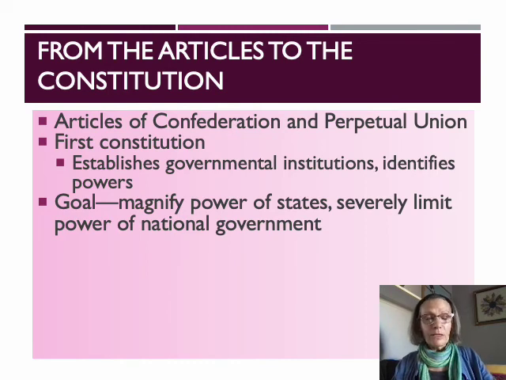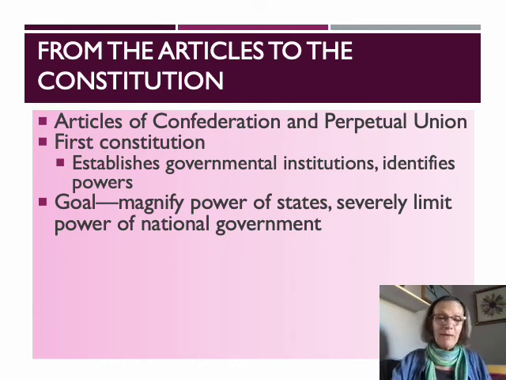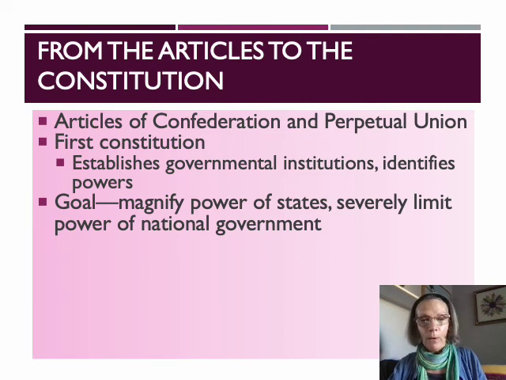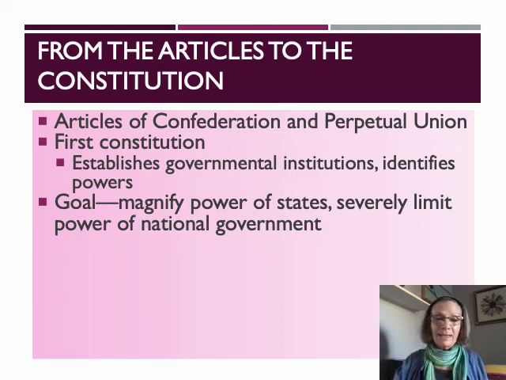Now, there were very specific goals with the Articles of Confederation, and the goals were to basically give most of the power to the states and severely limit the power of the national government. And that makes sense. The colonies just got out of an abusive relationship with the King of Great Britain, right?